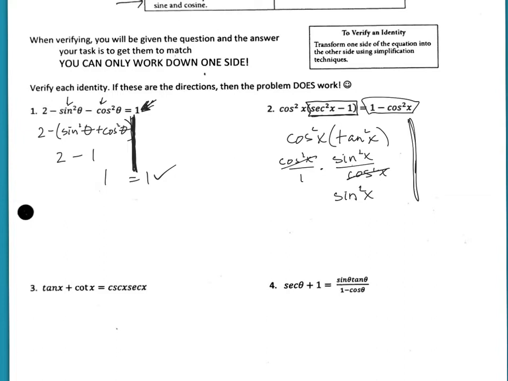We know that sine squared plus cosine squared equals 1. So if we subtract the cosine squared over, we get 1 minus cosine squared equals sine squared. So sine squared can be written as 1 minus cosine squared. I would say normally that's really a stupid step, but that's what the problem wanted you to do, so that's what you do.